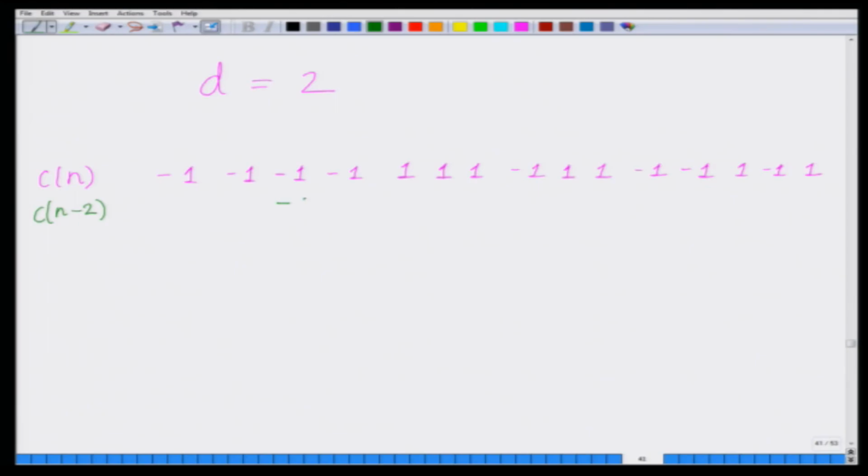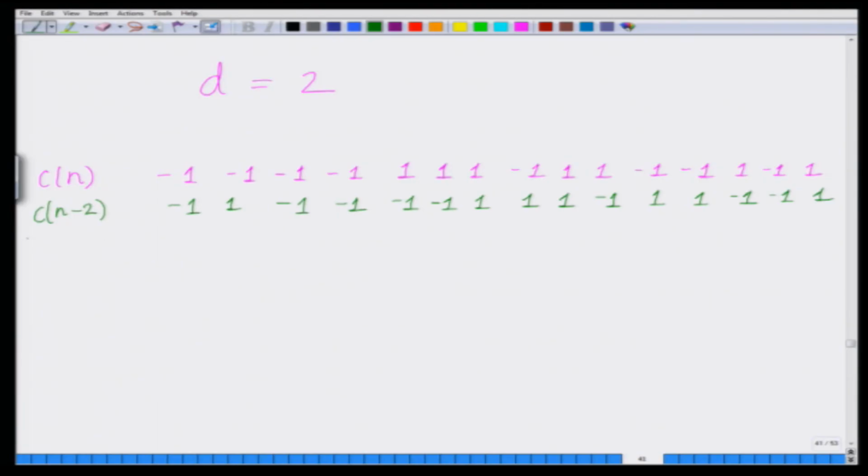Therefore, this will become minus 1, minus 1, minus 1, minus 1, 1, 1, 1, followed by minus 1, 1, 1, minus 1, minus 1, 1, and the last symbols will come to the front because this is a circular shift.